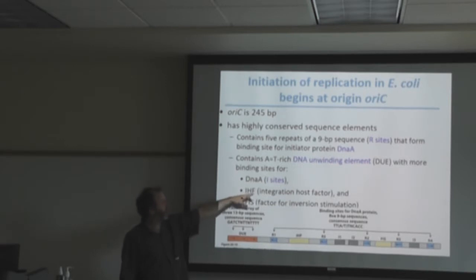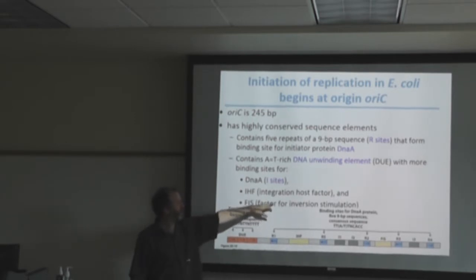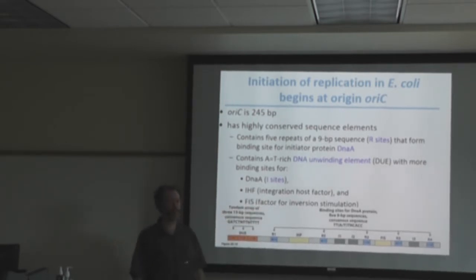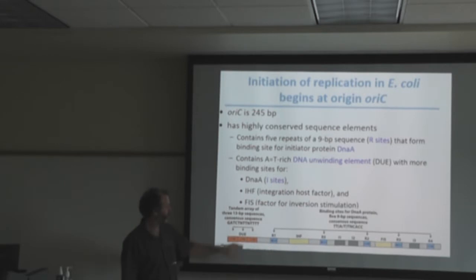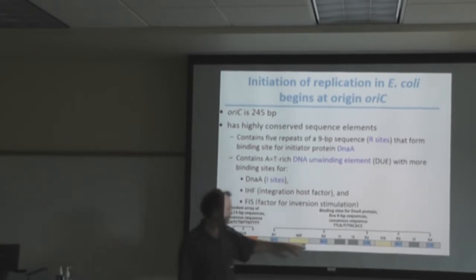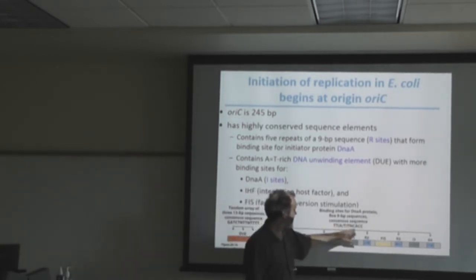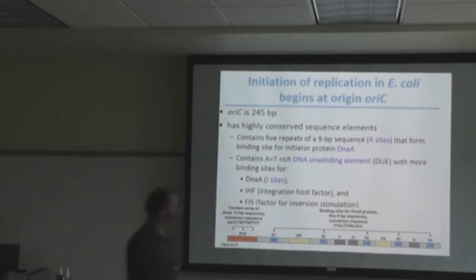DnaA has I sites, the IHF is the integration host factor, and then the FIS, factor for inversion stimulation. So there's your DUE sequence, all these other sites, and then the 9 base pair sequence consensus is TTATNCACA, and so forth.